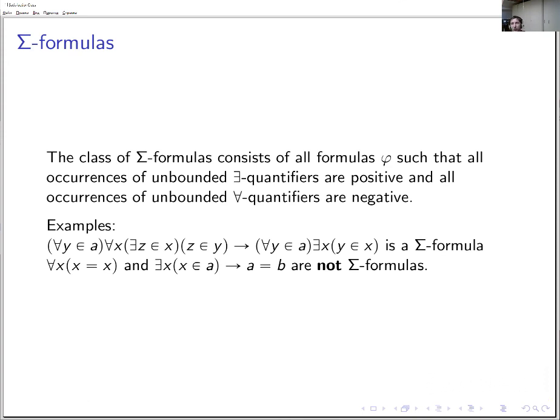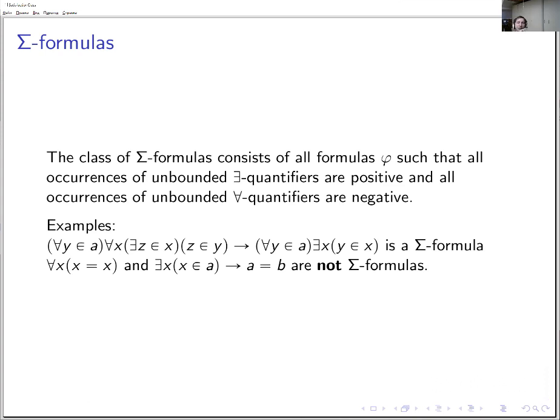Okay, so let's prove something a bit more advanced. There is a class of formulas that is similar to the class of sigma 1, but in a certain sense is less restrictive, namely the class of sigma formulas.